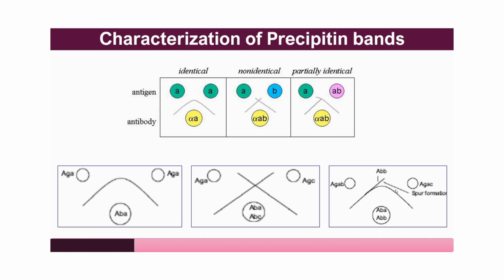There is no equal diffusion force on the other side, therefore it has not bent. So it has formed a spur. And that spur formation indicates that that antigen is different from the one which has formed the line of identity, and therefore it has remained separate as a precipitin line.